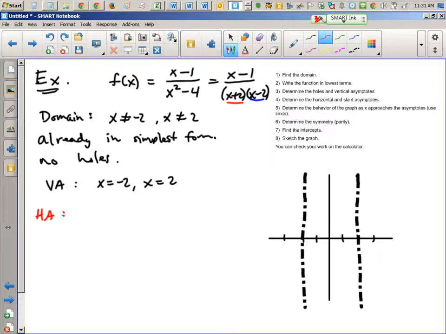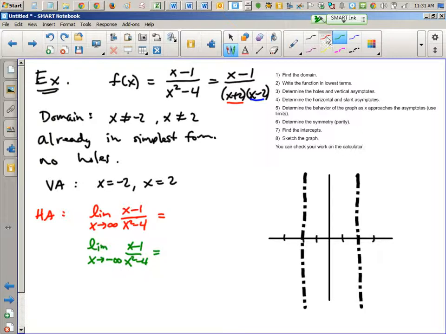To find the HA, you're going to do 2 limits for me. The limit as x goes to infinity, and also the limit as x goes to negative infinity. Okay? So we do this by thinking of spit in the ocean.